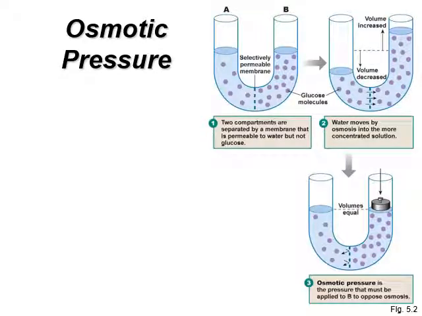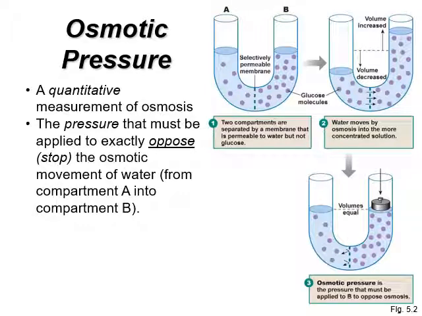So we can look at a quantitative measure of osmosis, and that's what we call the osmotic pressure. If a solution draws water in, it has a higher osmotic pressure. There's a pressure that must be applied to prevent the movement of water.